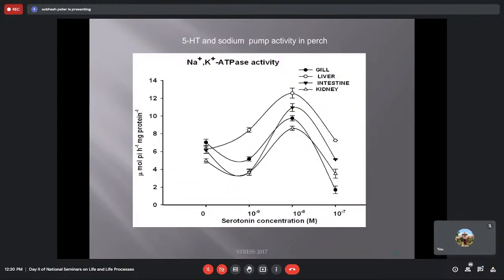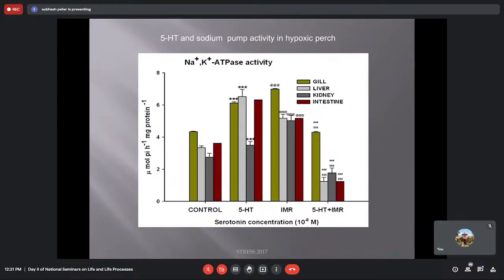We applied serotonin to epithelia harvested from the fish, and we found that the rate of transport is so high at 10 raised to minus 8, in vitro with 15 minutes of exposure, and that actually led us to see how it actually happens here.